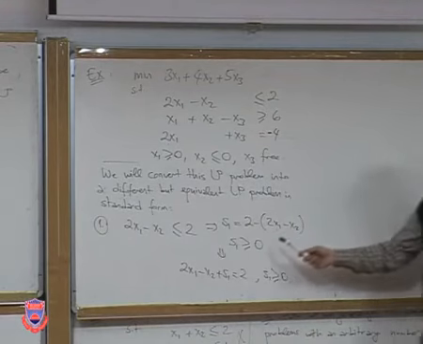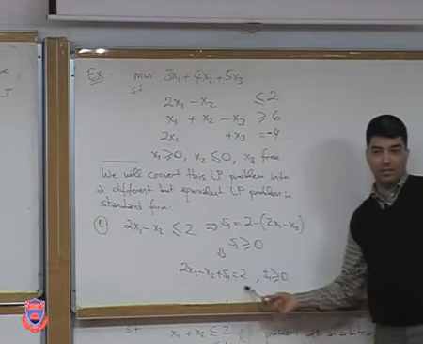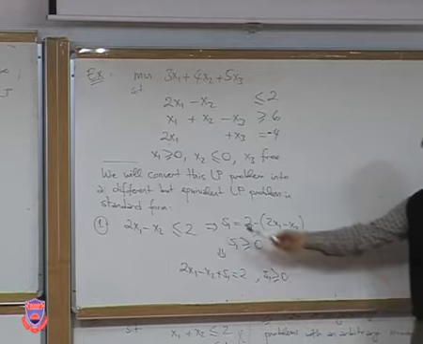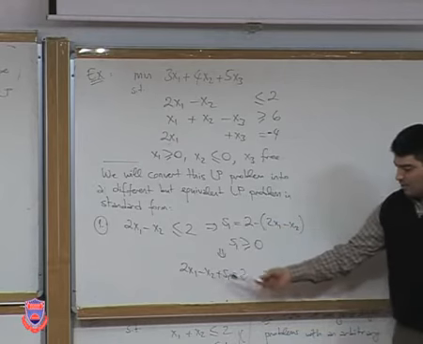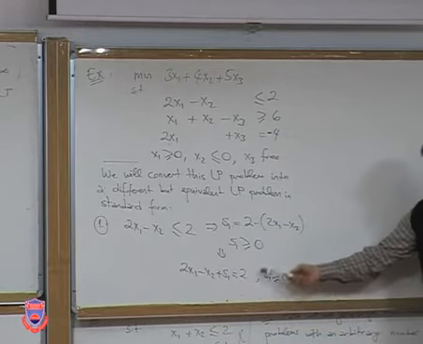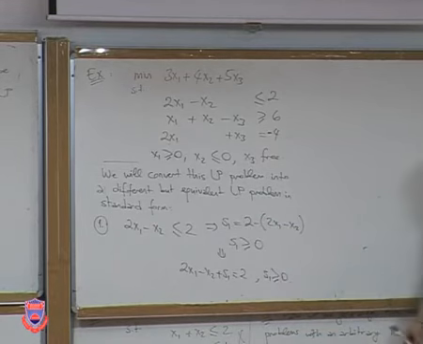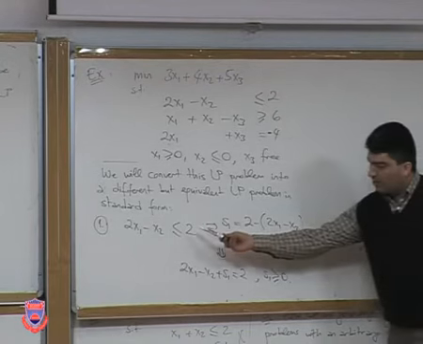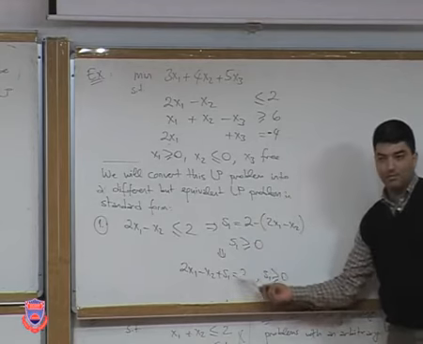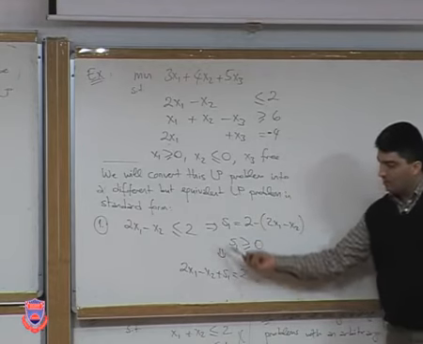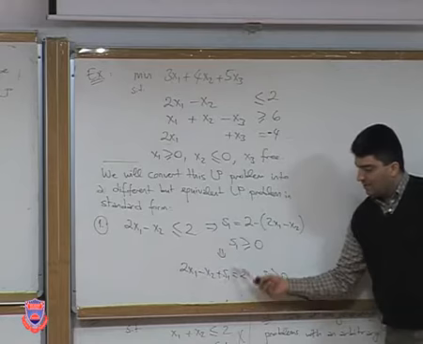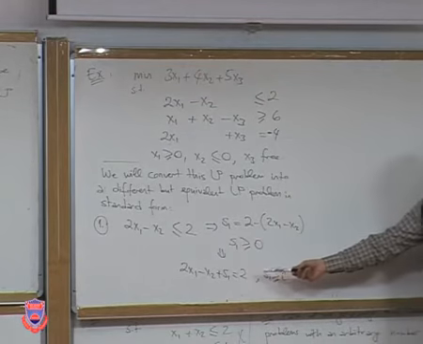So what's the point of doing this? Well, now I have an equality constraint, basically, right? Instead of having an inequality constraint, I turn this into an equality constraint. And the nice thing is that the new variable that I define is also non-negative. So that also satisfies the property of a standard form LP problem. So as a result, if you have a less than or equal to constraint, all you have to do is define a new non-negative variable, and say that left-hand side plus this new variable is exactly equal to right-hand side.